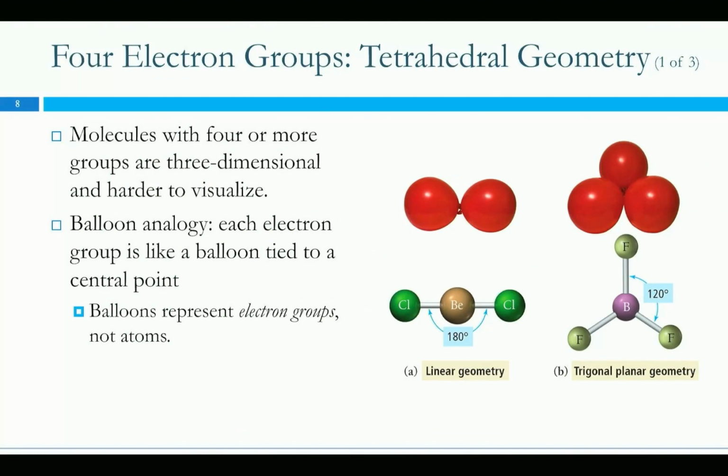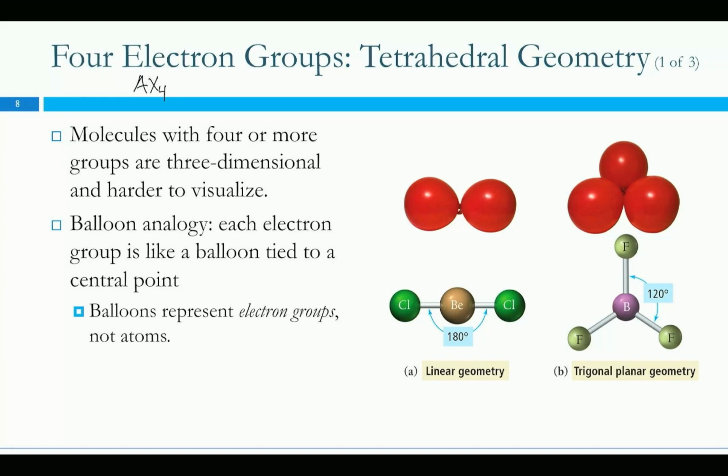And really right now what we're doing is we're setting up the basic shapes. You can have two groups, so the AX2, that's a family. I mean, there's only one in that one. The AX3 has another option. The AX4, 4 electron groups, they get harder to visualize because you might expect we went from 180, I put one on, then they split into thirds. If I put a fourth one on, you might think they'll split into quarters.